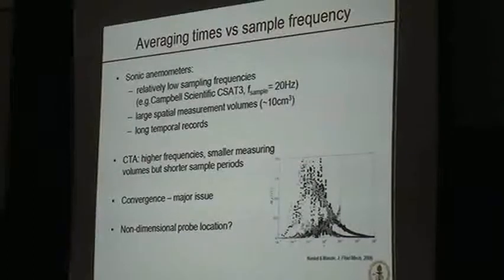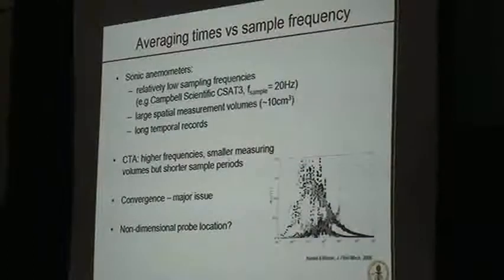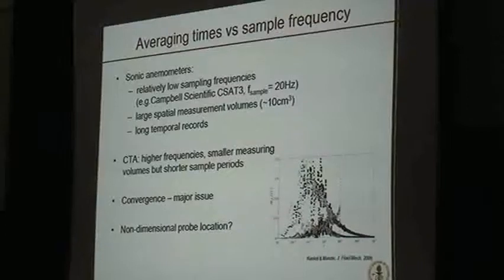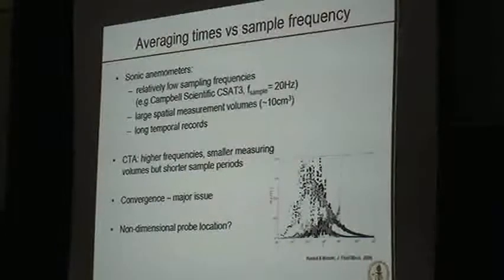It samples at 20 hertz. So once you put the Nyquist criterion in, you can resolve a 10 hertz signal. I mentioned to you also that there's at least 10 centimeters all cubed as a measurement volume. But you can get a long temporal record of three velocity components from the sonic anemometer.